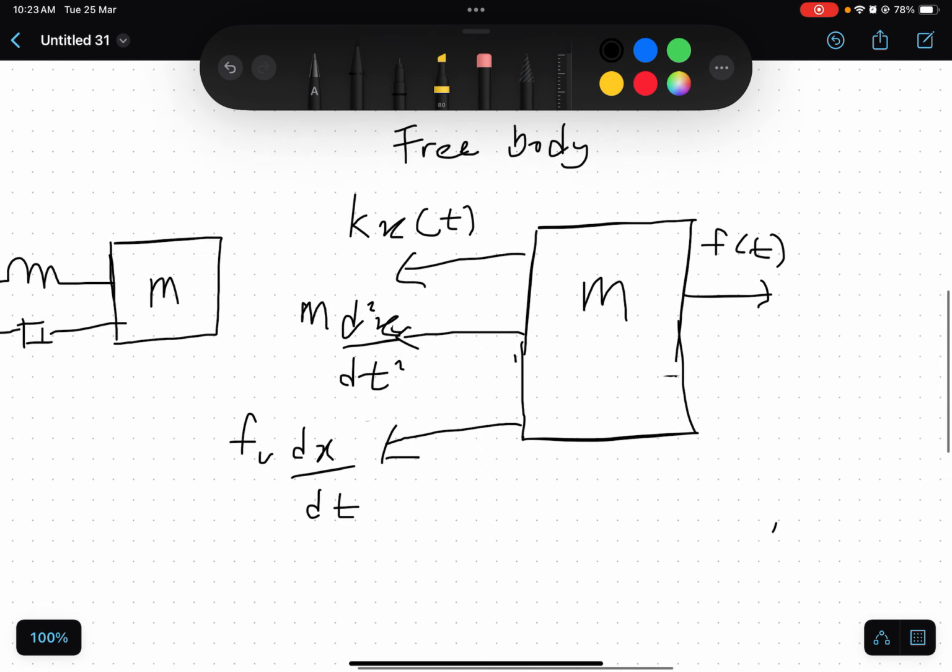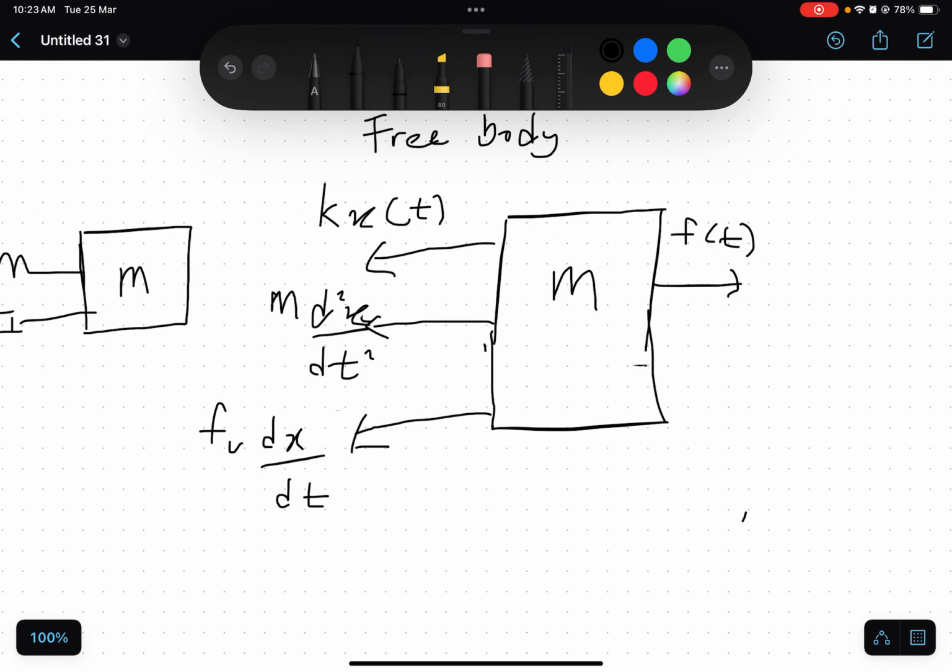So you can see that there's one force going to the right, and all of the forces are opposing that movement.